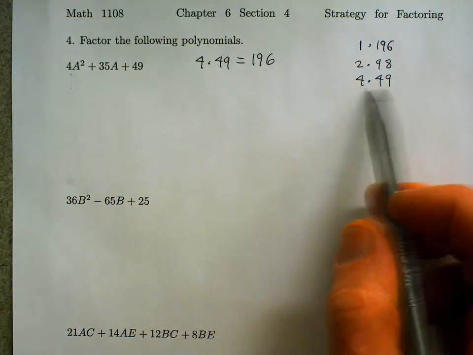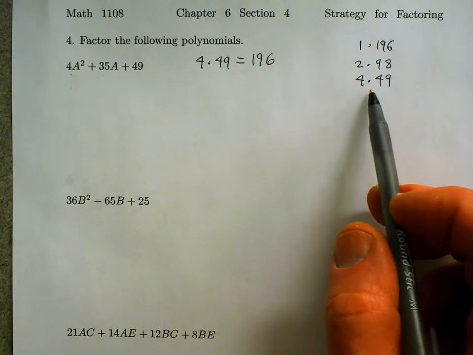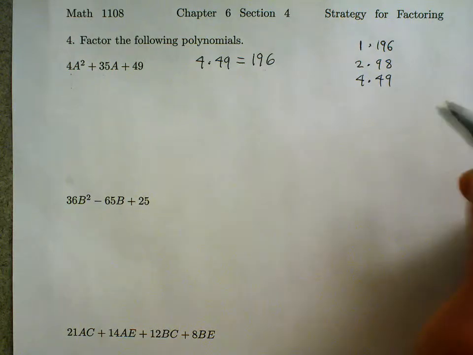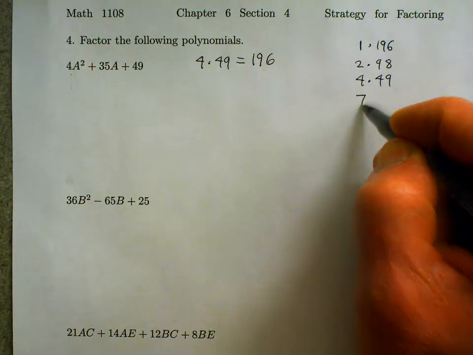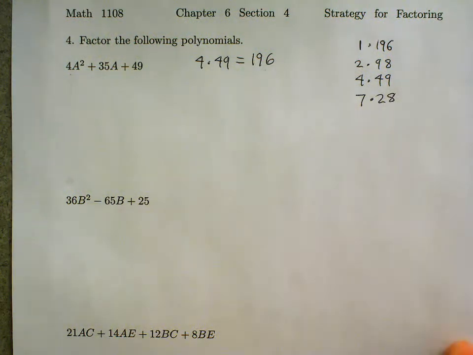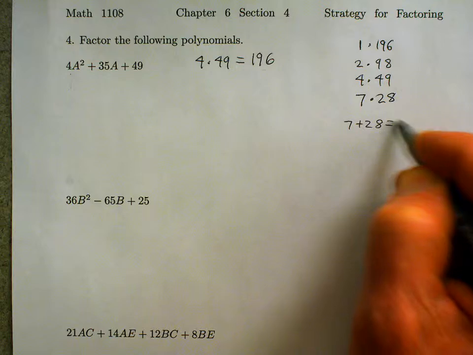Those add up to 53. That's not close enough. 5 is not a factor. 6 is not a factor. 7 times 28. And 7 plus 28 is 35.